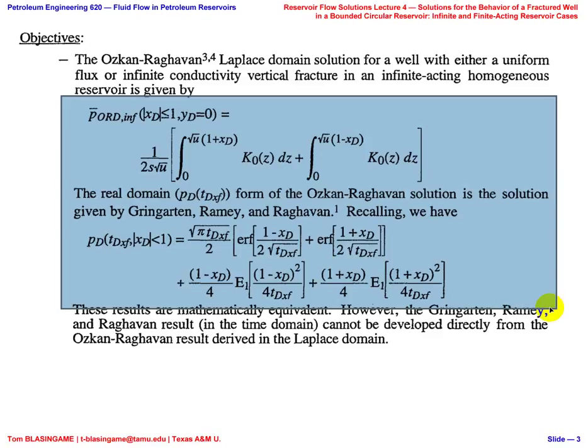So Ozcan and Raghavan looked at the Jose, Horn, and Ramey solution, and they said, we think we see the problem. Jose, Horn, and Ramey left the integral that we were talking about a moment ago in a much less enjoyable form. In fact, it had to be integrated numerically. They even talk about how they had to break up the solution into segments in order to integrate it.